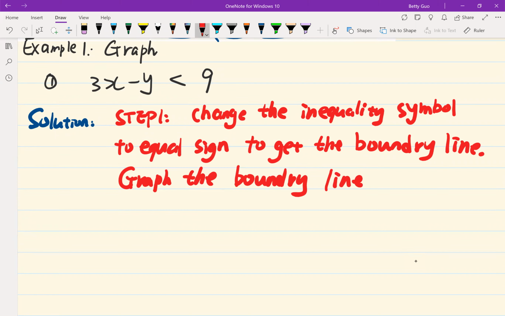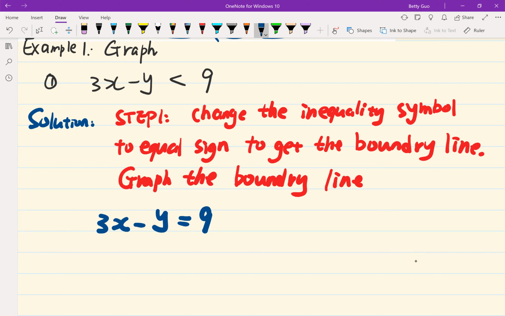Let's do one step at a time. Let's follow the instruction for step 1. Change the inequality symbol in the inequality to an equal sign. We have 3x minus y equals 9.